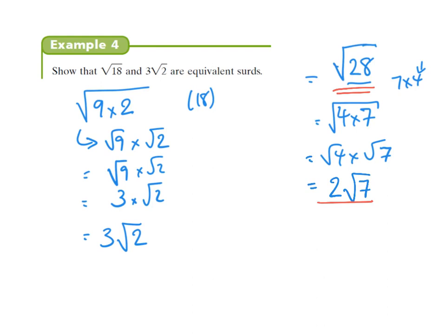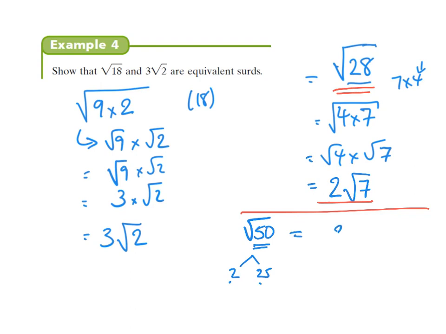One more example, in case you're not 100% sure on these ones, is square root 50. So we're looking at the number 50, and we can do a factor tree to see what the factors are. What we're hunting for, 2 is irrational, but 25 is actually a perfect square, which is really nice.